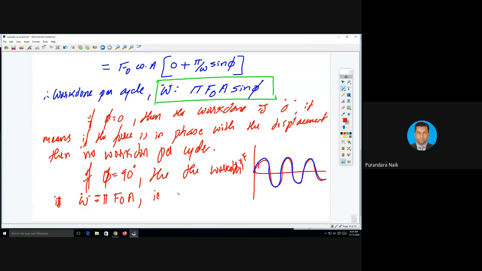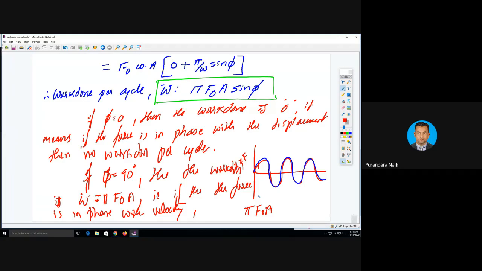That is, if the force is in phase with velocity, or ahead of displacement by 90 degrees, then the work done per cycle is pi F naught A.